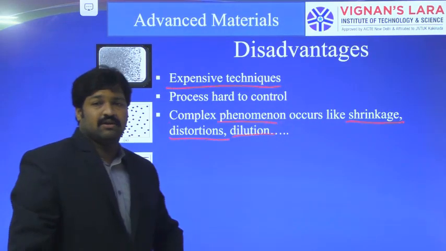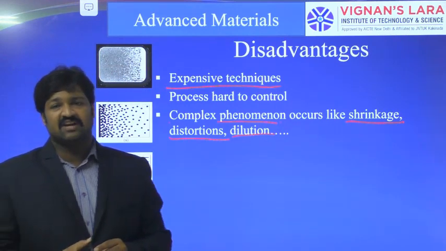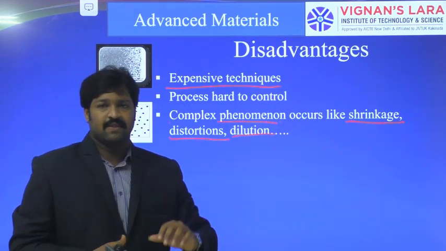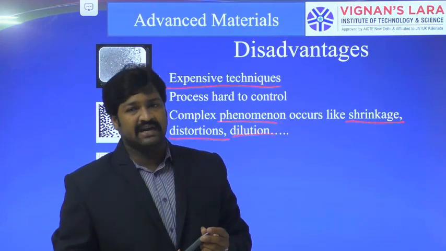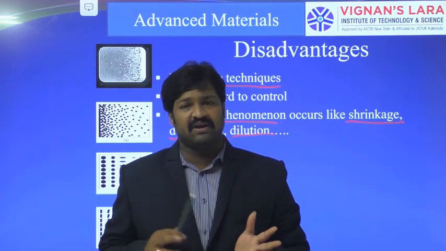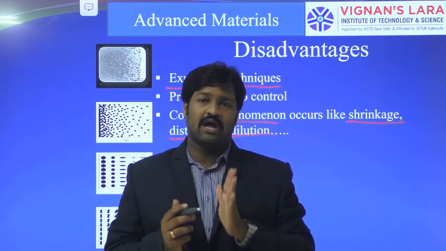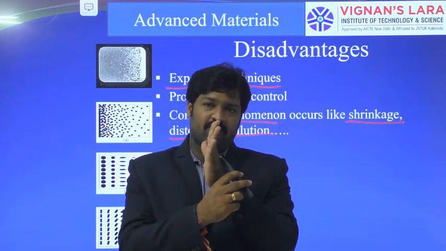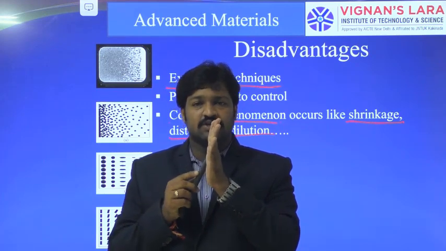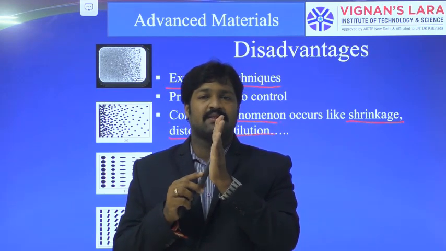So these are the advantages and disadvantages of functionally graded materials. Functionally graded materials are designed to attain two dissimilar properties in two different directions. One side of the component should have one property and the other side a different property, depending upon the application.